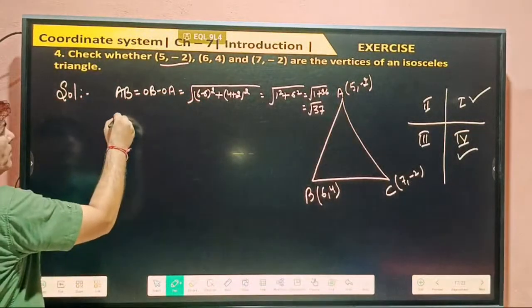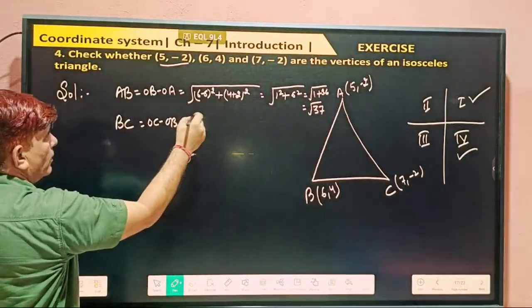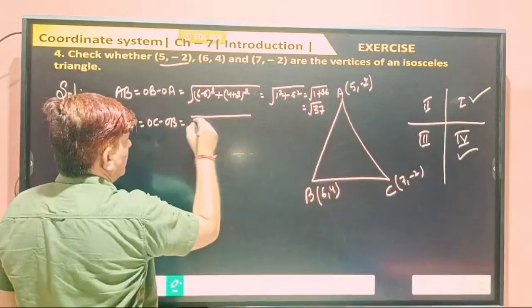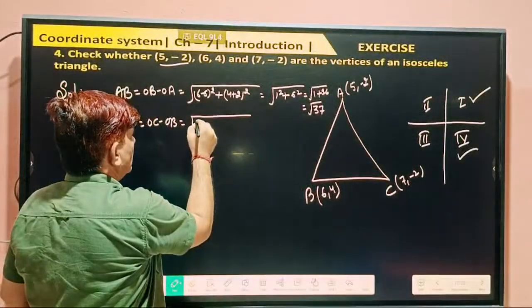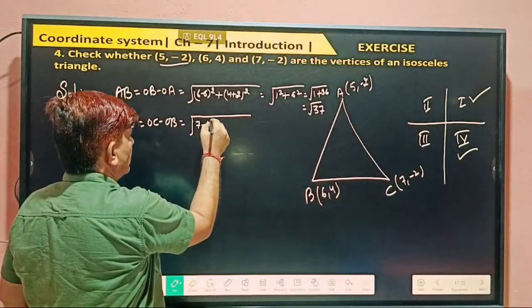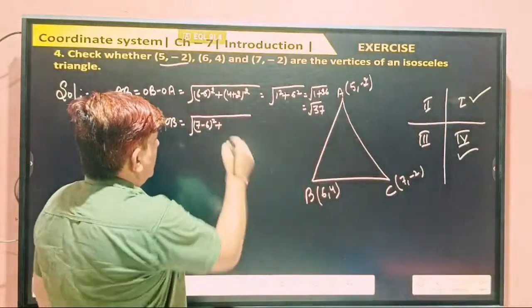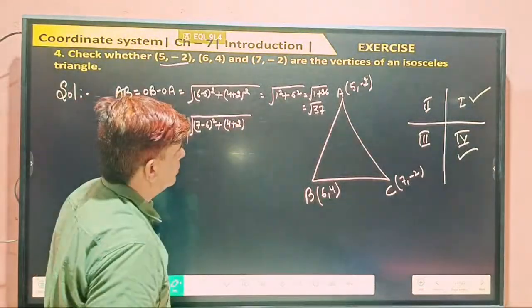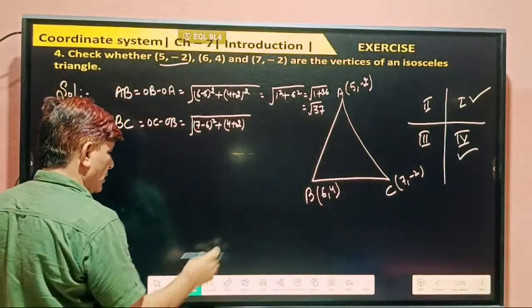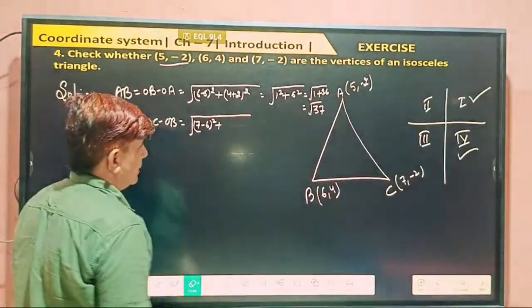Now BC equals OC minus OB. So directly I am applying, try to understand BC: 7 minus 6 whole square plus 4 plus 2, sorry, minus 2, I wrote this wrong. The answer is coming right, but the way of expressing is wrong.